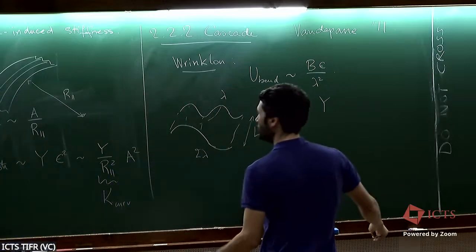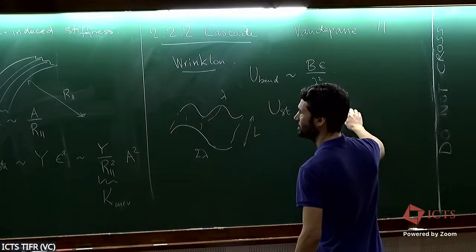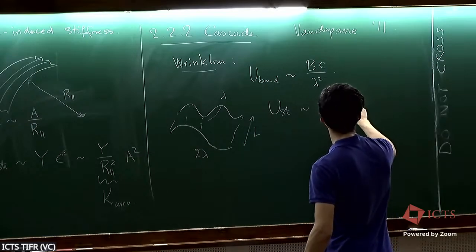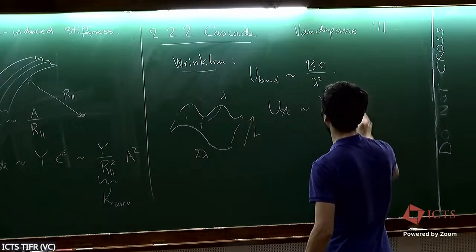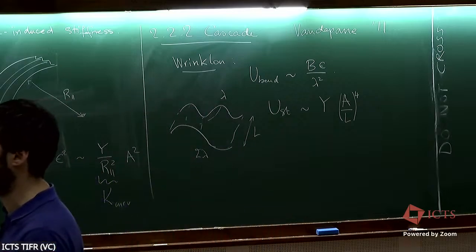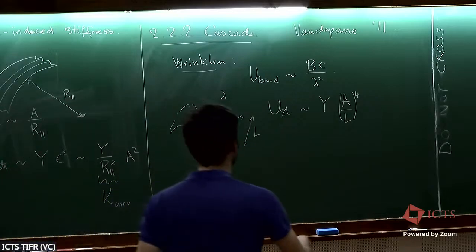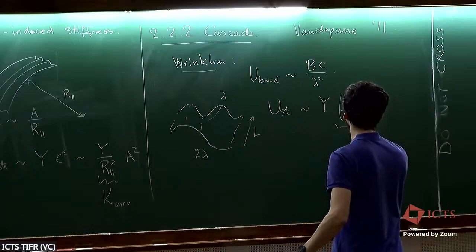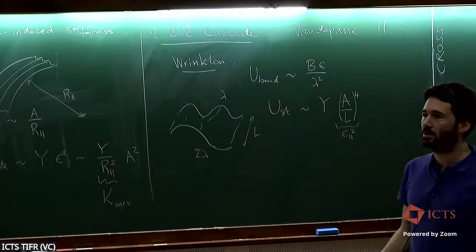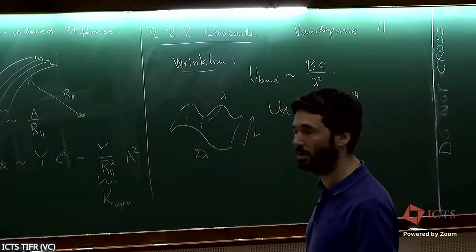And here there are two different cases. There is one where this is A over L to the 4, because you have L over L square, which we call epsilon parallel square. This is when the sheet is not under tension.